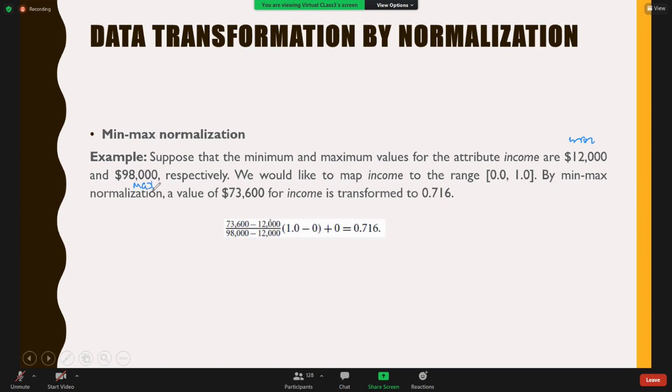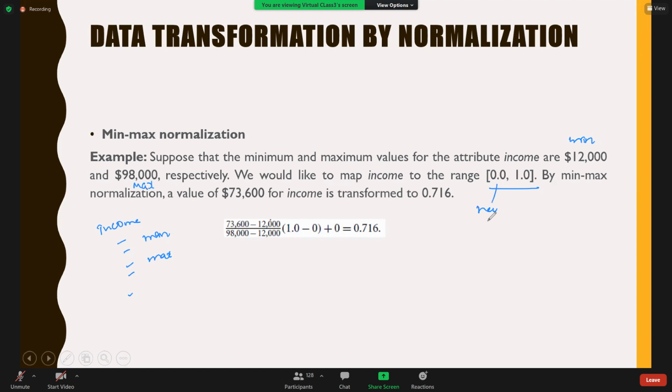Otherwise, you might be given all the values of income, and then from those you have to select the minimum and maximum of the income in order to convert a particular data value. Here the minimum and maximum are given in this question, and then you are asked to map a value within the range 0.0 to 1.0.